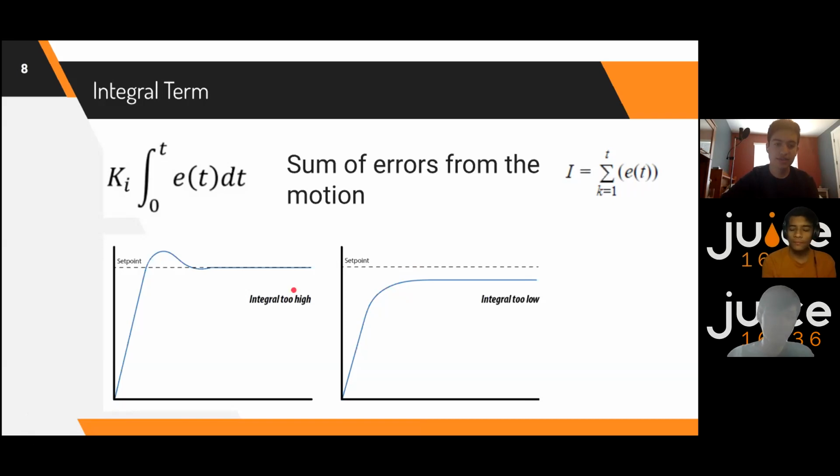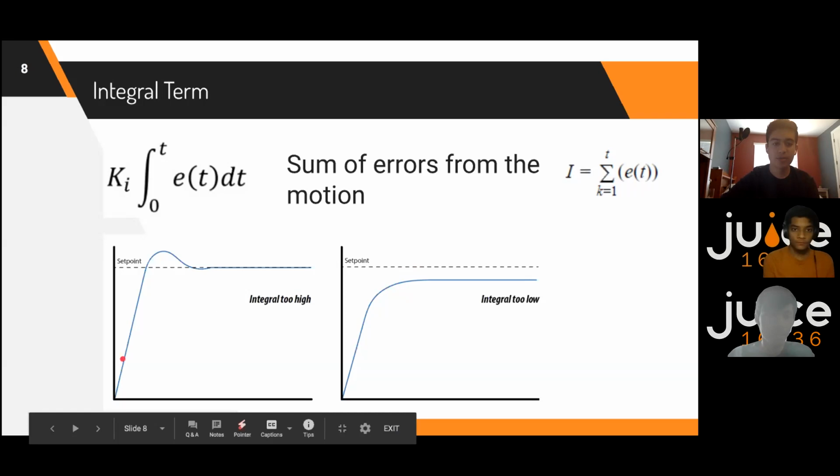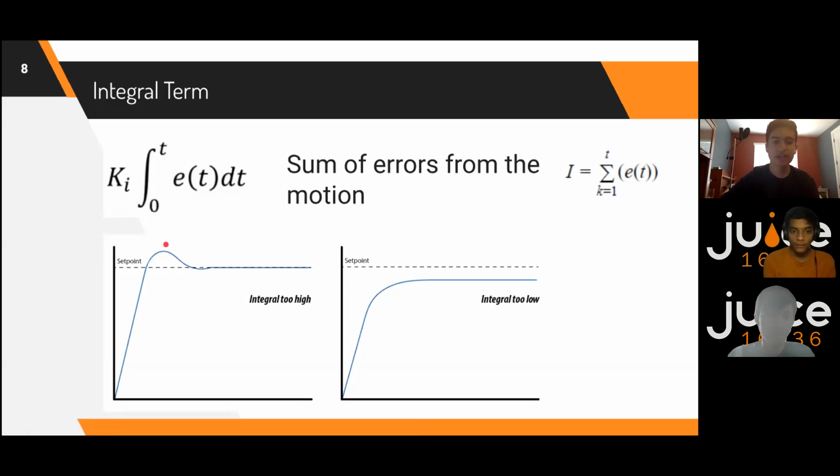And what you can see is if your integral is too high, it'll be built up far before you ever plateau. And so you'll just rocket up and overshoot your target value, and then you'll come down. But that overshoot can be kind of dangerous because, let's say for this season, if you're trying to move to the skystones, but then you overshoot and just ram into the skystones, you probably won't be able to pick them up.